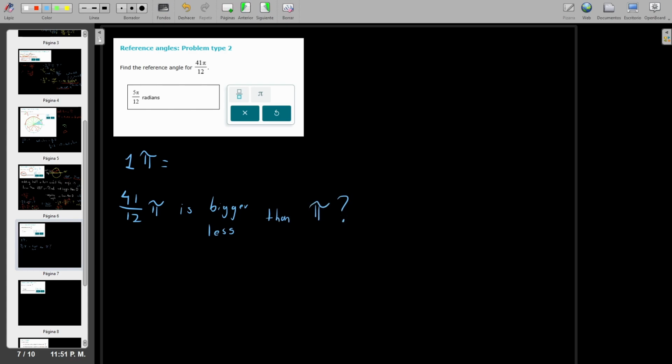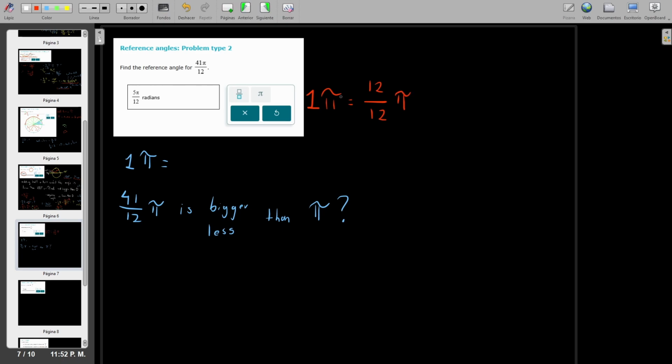How will we know this? Because if we put pi in terms of 12, it is going to be another number that divided over 12 is going to be 1. It's going to be 12.